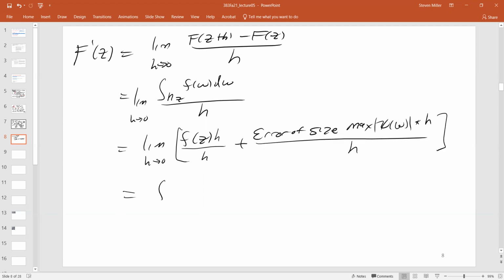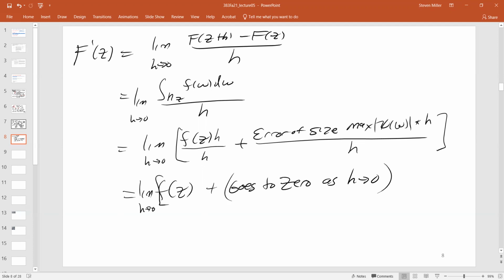The first part is just going to give us f of z, and the second part goes to 0 as h goes to 0. And so when we actually take the limit, we just get f of z. And so that finishes the proof.